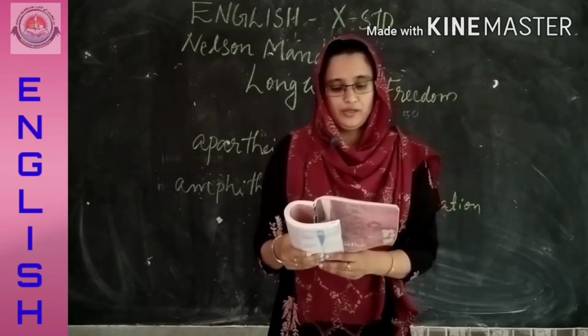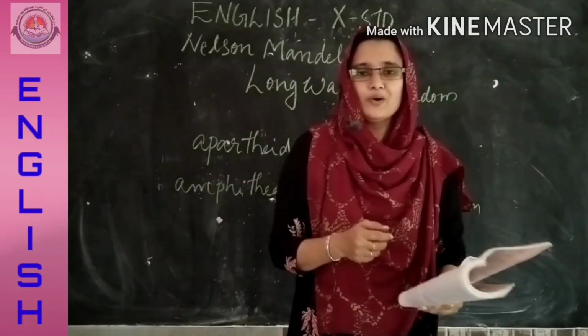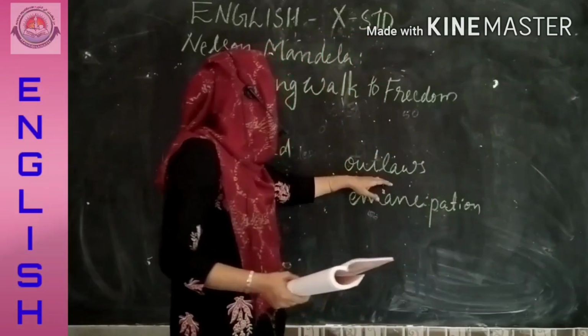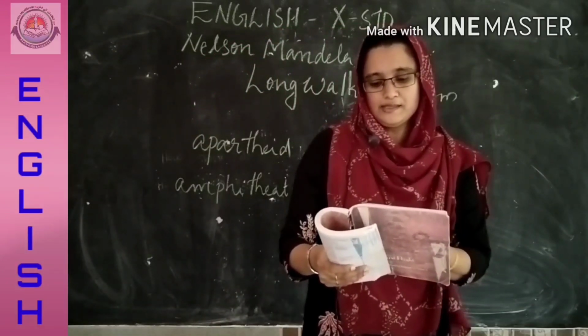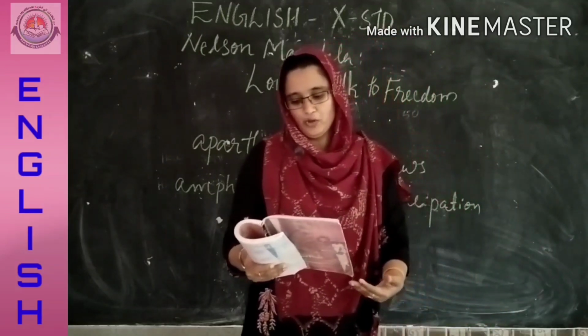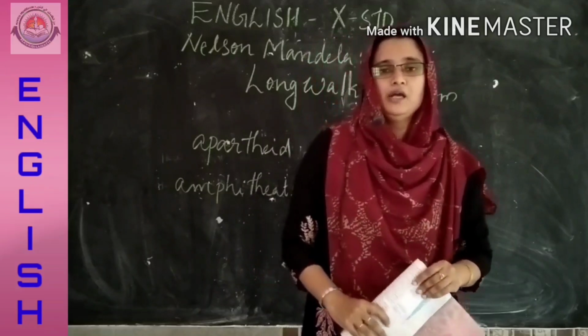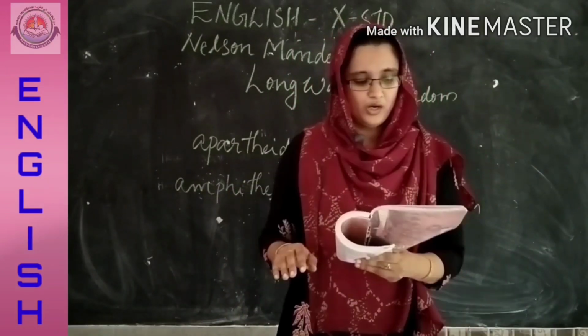You see that one. We who were outlaws not so long ago. Why the word outlaws? That's given here because of the policy of apartheid. Many countries had earlier broken off diplomatic relations with South Africa. South Africa was considered a degraded nation.